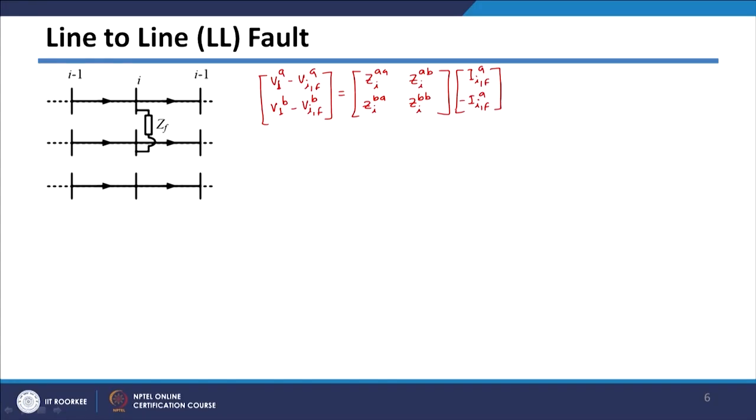Now, let us subtract the second row from the first row. So this is the first row, this is the second row.